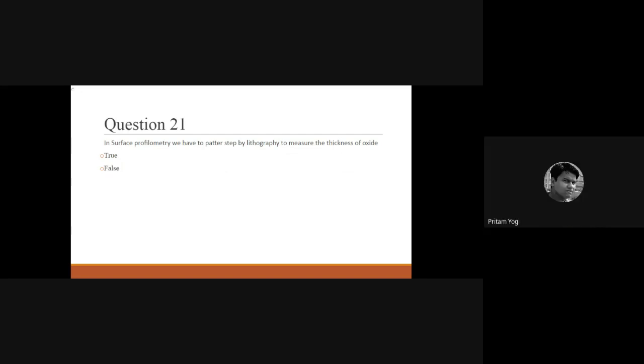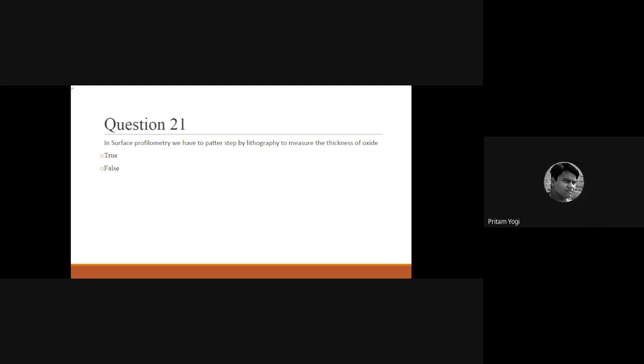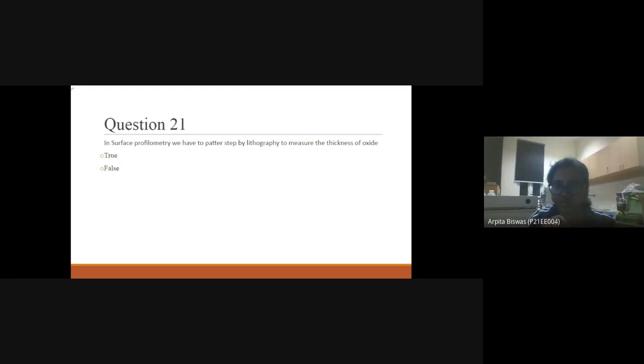False, I think. Why false? Can you explain how to measure? In surface profilometer we have to pattern a step by lithography, but we are just observing the thickness of the oxide. How will we observe? At first, tell me how we will observe in surface profilometer, and in that case, what type of process is needed?